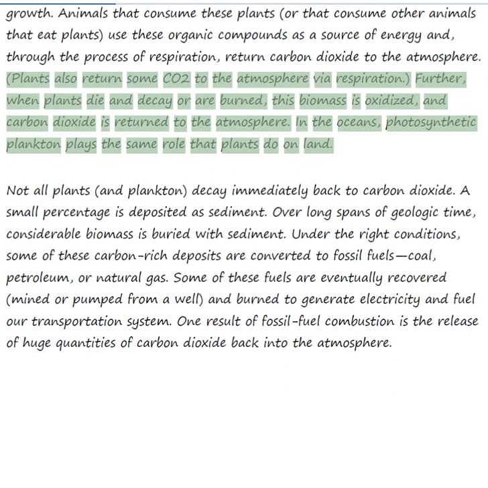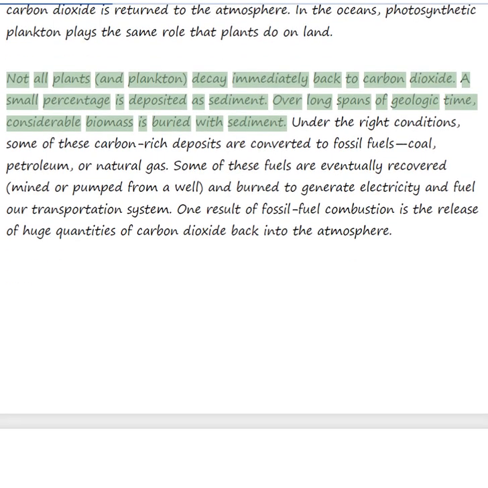Further, when plants die and decay or are burned, this biomass is oxidized, and carbon dioxide is returned to the atmosphere. In the oceans, photosynthetic plankton plays the same role that plants do on land. Not all plants decay immediately back to carbon dioxide. A small percentage is deposited as sediment. Over long spans of geologic time, considerable biomass is buried with sediment.